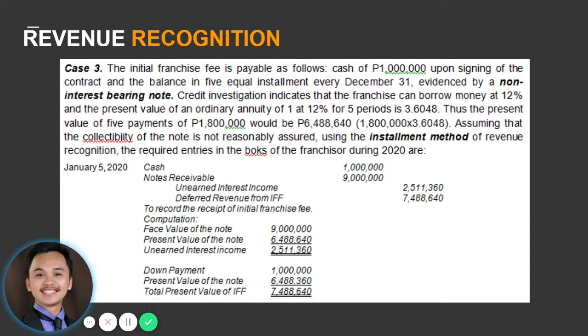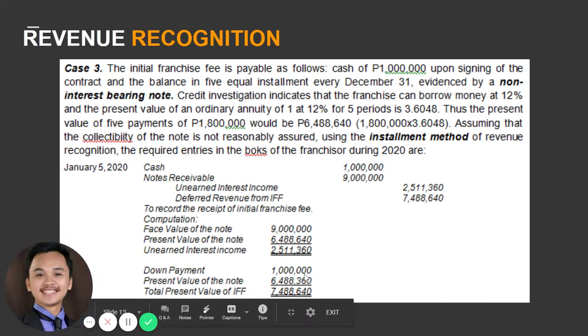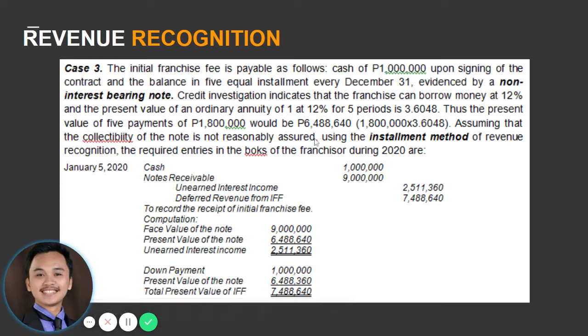And then take note, guys, that your initial franchise fee here will now be changed. So your initial franchise fee here, guys, will now be the 1 million payment plus the present value. Okay? 1 million payment on January 5 and the present value of the note on January 5.